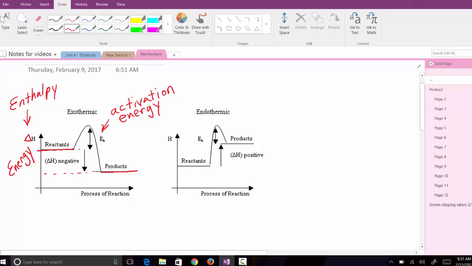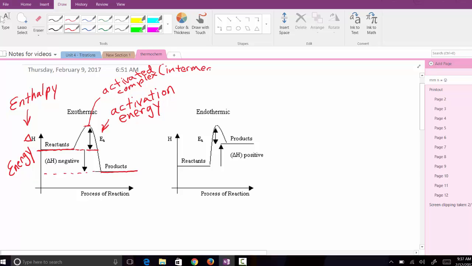So the activation energy is always going to be the energy from the reactants up to the top of this little hill here. And the peak of that hill is what we call the activated complex, or later on when we get into kinetics, we'll think of this as what we call intermediates.